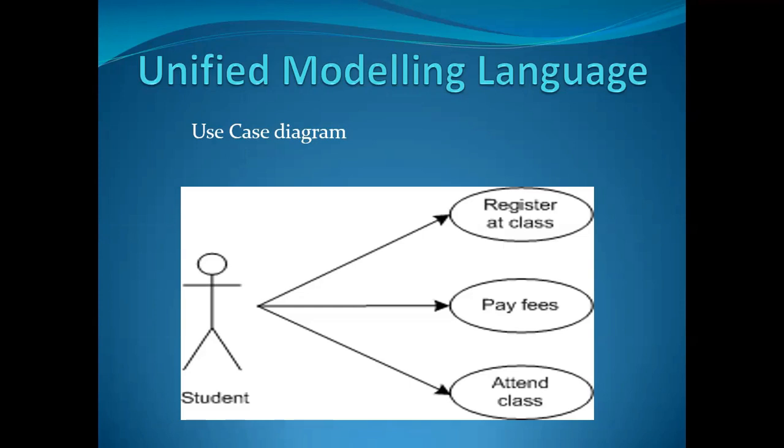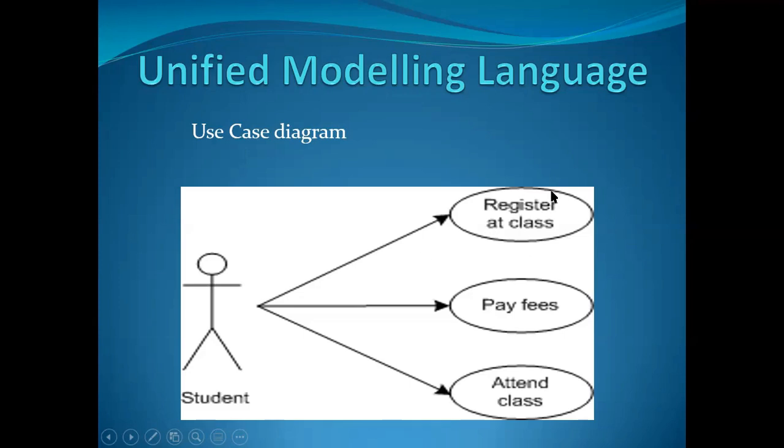So we can say this is a use case. If you have different people, different actors, and you are trying to understand how they interact with the system, I may draw the system boundary and show that this student is interacting with the system like this, and a teacher is also interacting with the system.